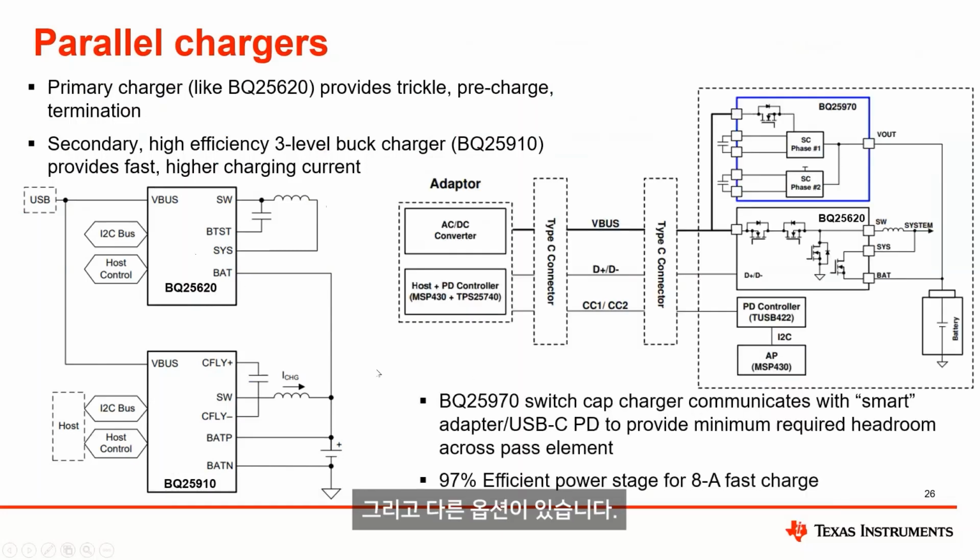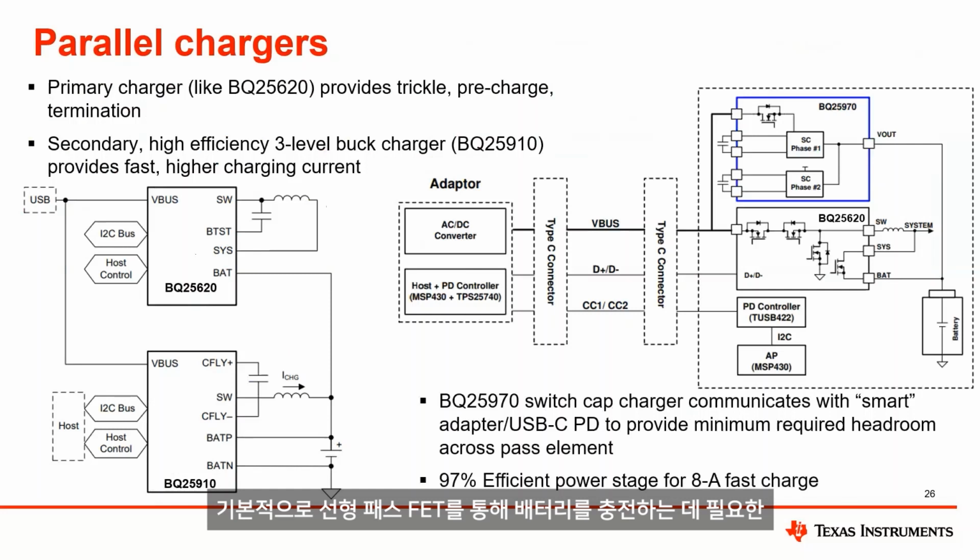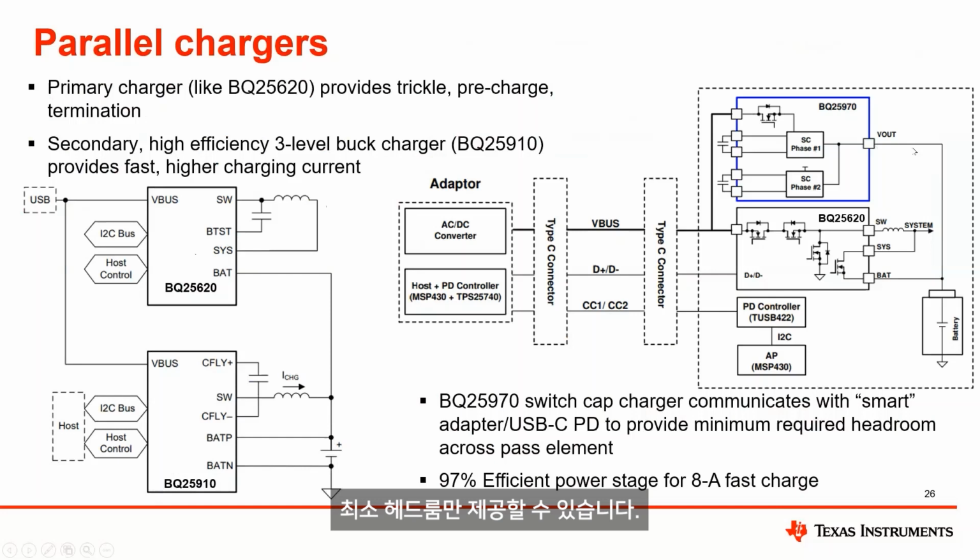Another option, if you have a very specialized adapter that has a processor in it, is to use a switch cap charger that is able to communicate with a smart adapter, or maybe a USB-C PD, to provide only the minimum headroom needed to charge the battery across essentially a linear pass FET.